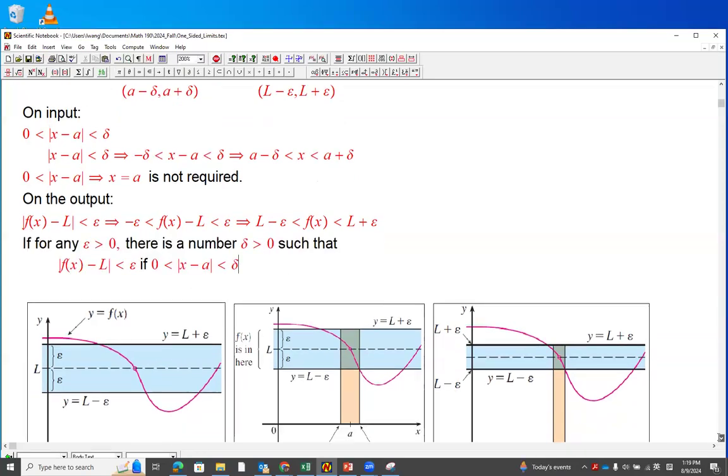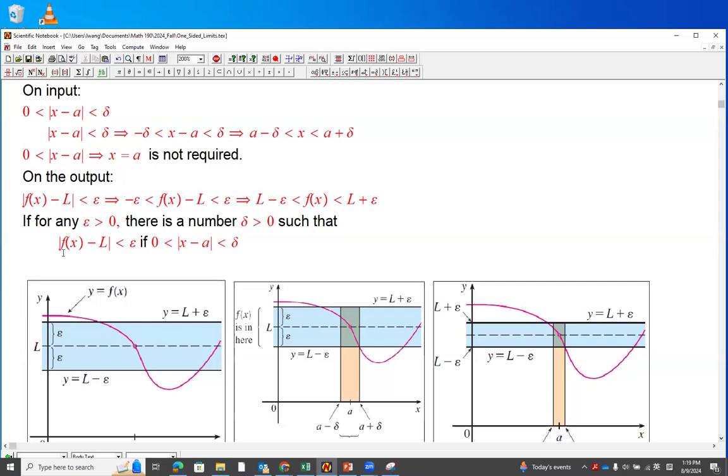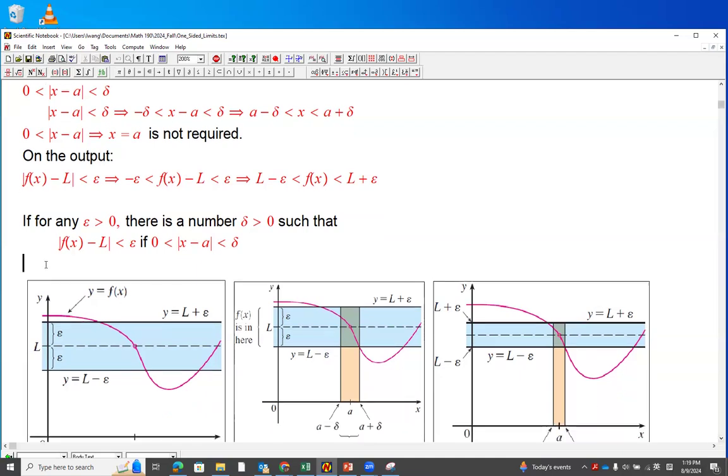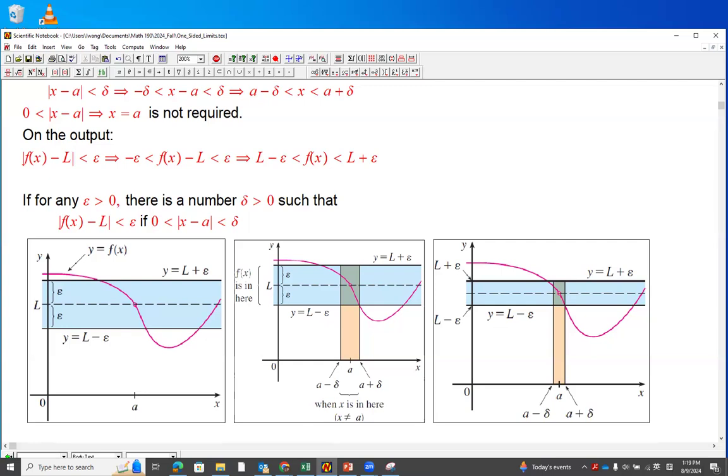So the closeness of the output of the function to L is described by that. If epsilon is smaller, then this strip is narrower. Now, for this requirement, L minus epsilon, L plus epsilon, f of x is between that, right?